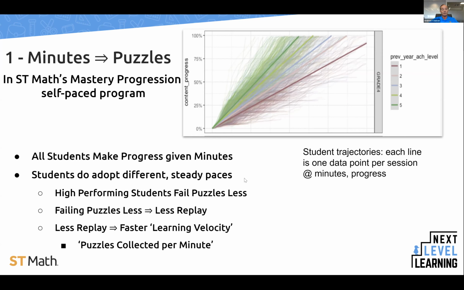So minutes do get you puzzles, and I didn't necessarily take that for granted until I saw this kind of information. It's really interesting to me that students adopt a pace and stick to that pace through the year. So that's the first part.